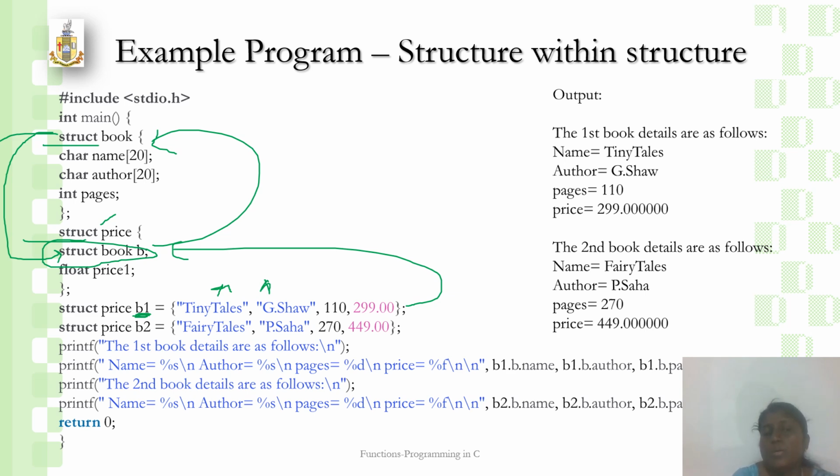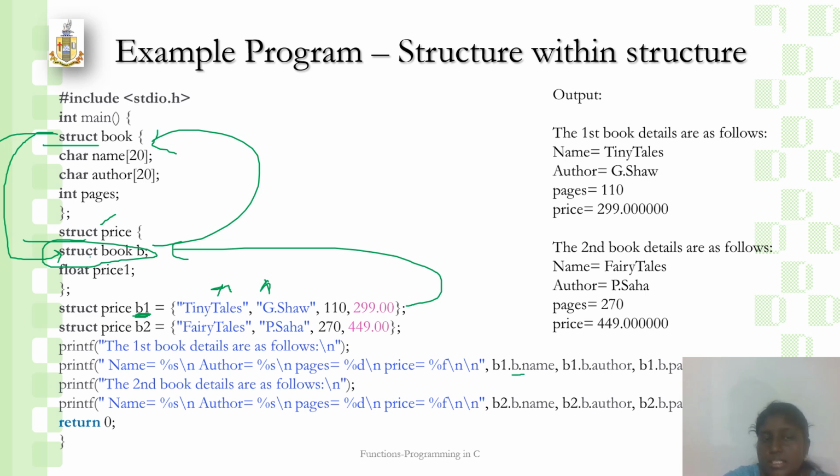Okay, so B1 is the structure variable and B is the variable for structure book, and B1 is the variable for structure price. Where does this B come from?